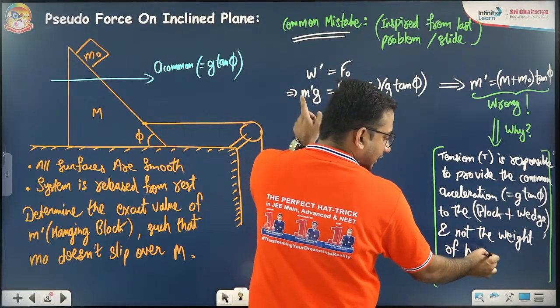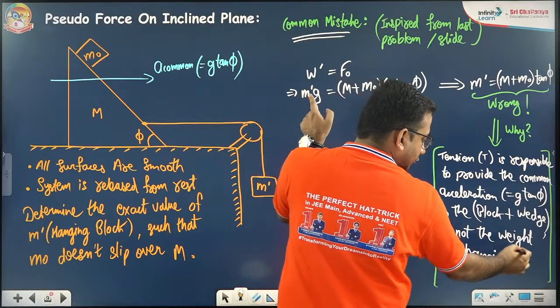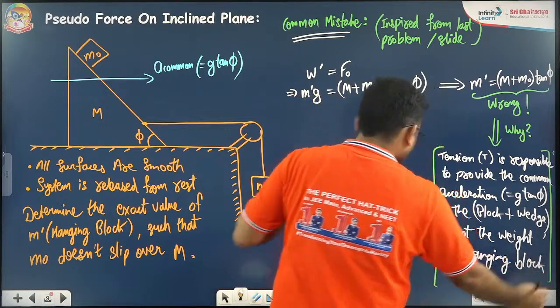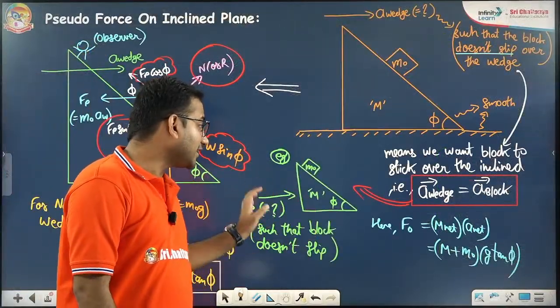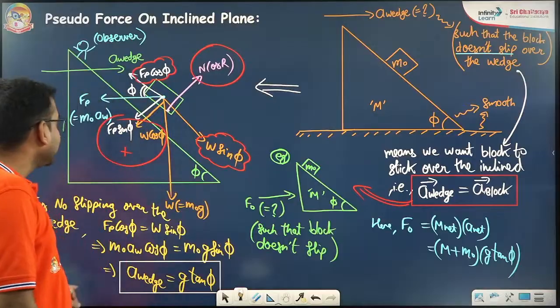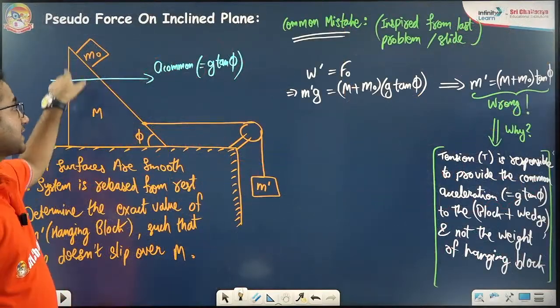So here you have assumed that the weight of the hanging block will do the same job of what this F0 has done on the last slide. See, F0 was directly applied on these. Here, tension is directly applied on this as a system.